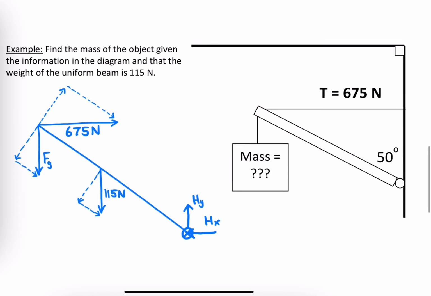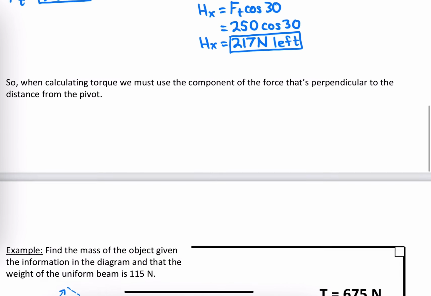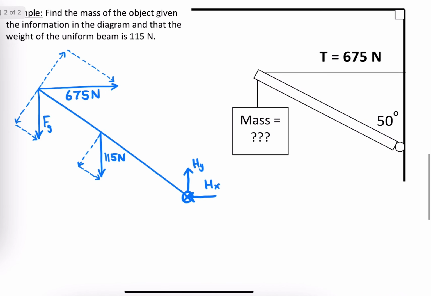Remember, I said on this last page that when we do these components, sometimes they end up being in the horizontal and vertical directions, but they don't have to be. What's important is that they're parallel and perpendicular to the distance from the pivot. And that's what we have here. Here's my distance from the pivot, and here are my components that are perpendicular to it, and here are my components that are parallel to it.